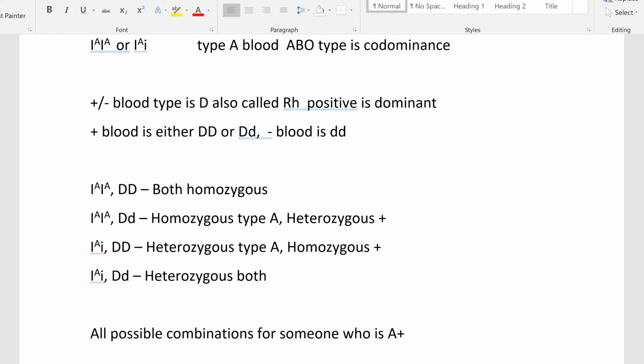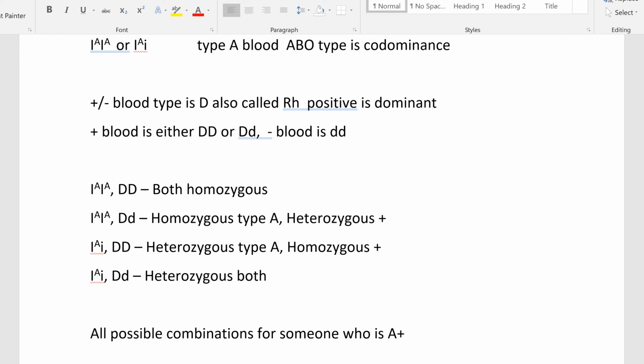All right, so somebody who's A positive. Remember, we put it down twice because one chromosome is from mother and one chromosome is from father. So it could be that they're both homozygous. Homo meaning the same, zygous meaning zygote. The alleles for that gene are the same in the zygote, when the zygote gets formed.